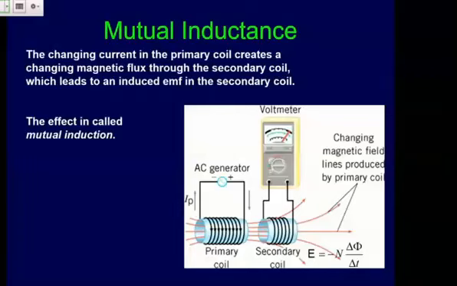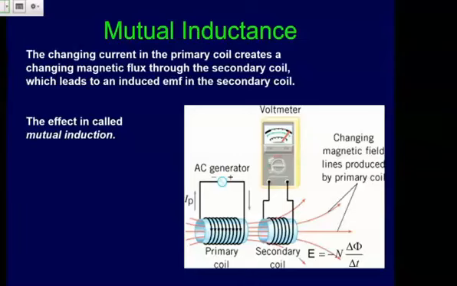The way these work is a phenomenon called mutual inductance. Imagine you have two coils, two solenoids, and an AC generator pumping current through one. Since it's an AC generator, it's constantly switching positives and negatives, 60 times per second, back and forth.